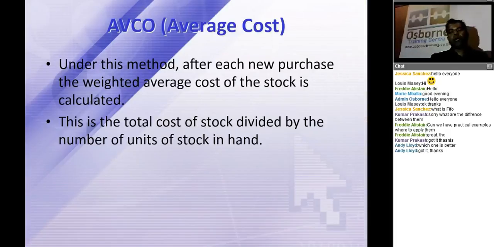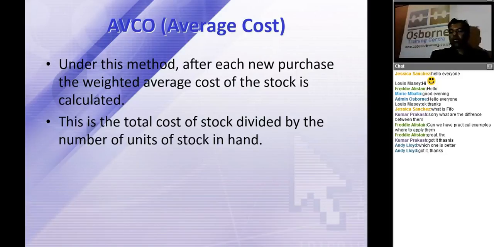So here we have another method called ACO. This method looks mainly at the stock that was received in the stock room over different periods of time, but instead of looking at the order, it looks at the overall stock.